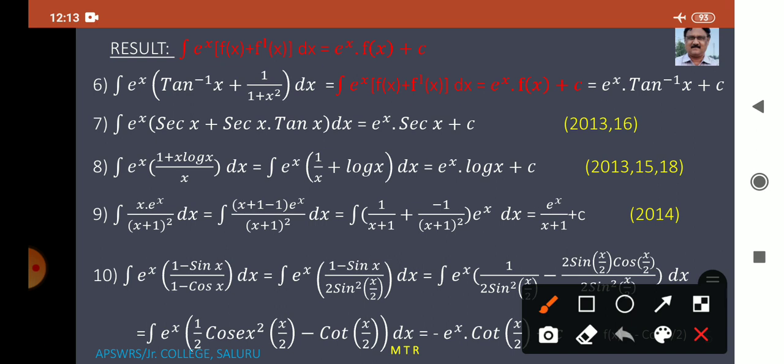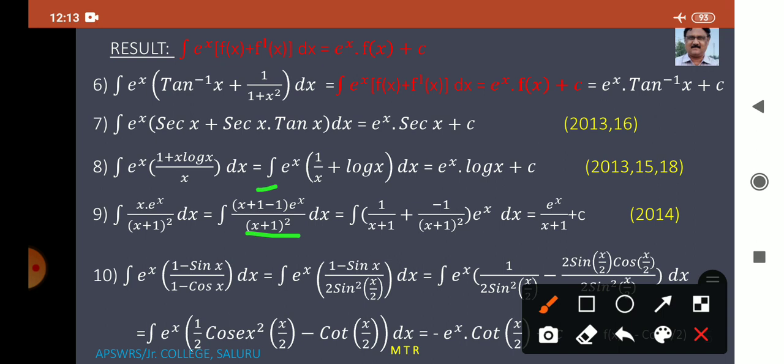For that, we make a small adjustment, adding and subtracting 1 to x in the numerator. That is, here the x can be written as x plus 1 minus 1. The remaining terms, e power x by (x plus 1) whole square dx, stay as it is. Now split this into 2 fractions.